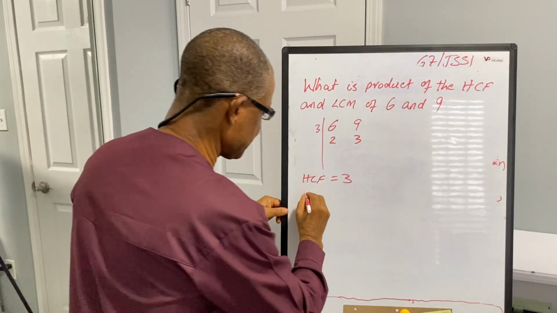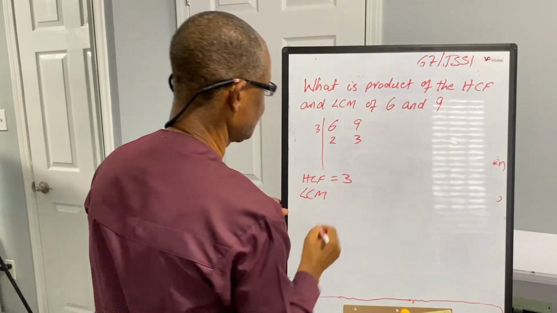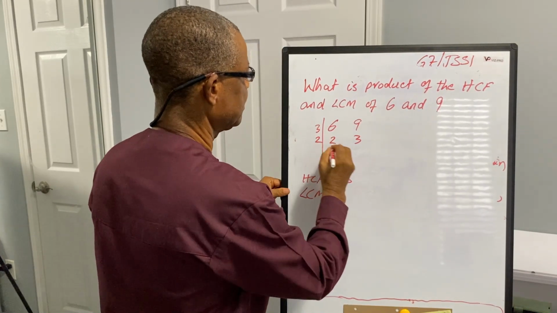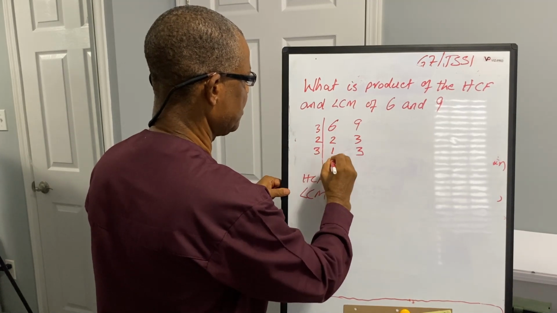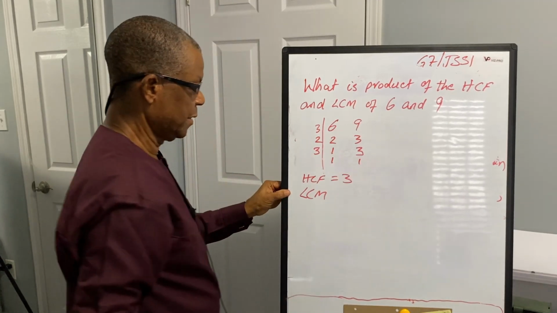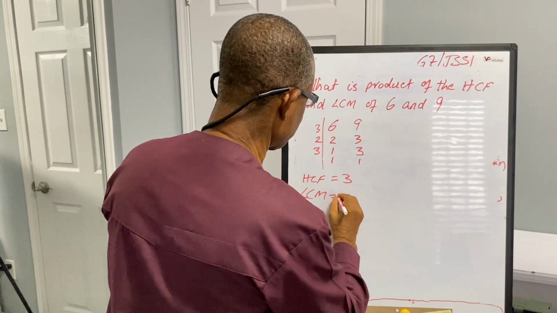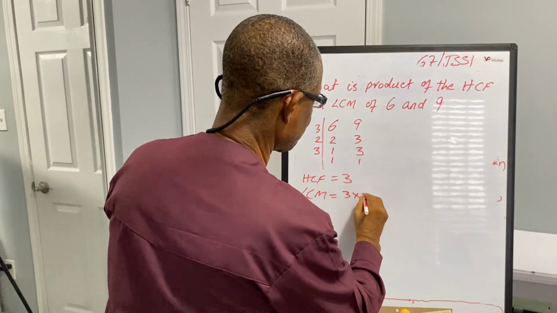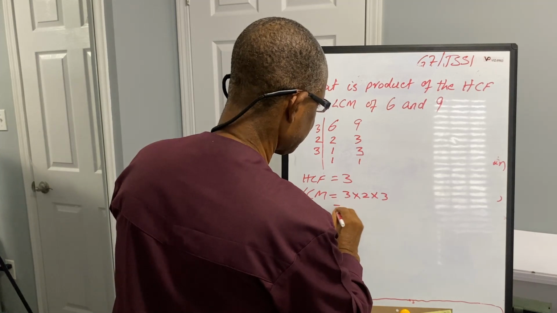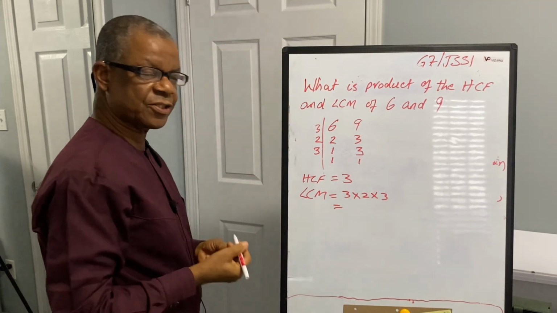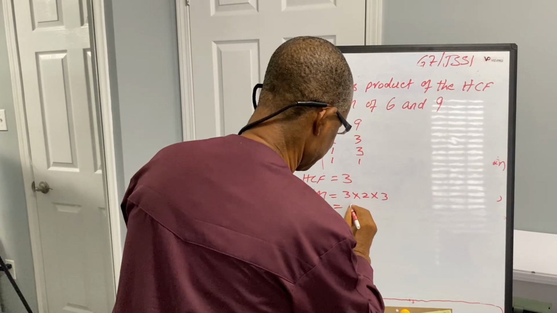To get our LCM, we continue. 2 can go, this will be 1, this will be 3. 3 can go, this will be 1, this will be 1. So our LCM is 3 times 2 times 3. And 3 times 2 is 6, and 6 times 3 is 18.